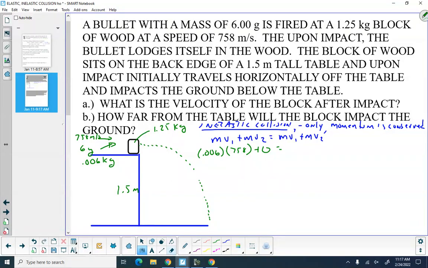So what we really have is one mass and one velocity, with both masses stuck together.